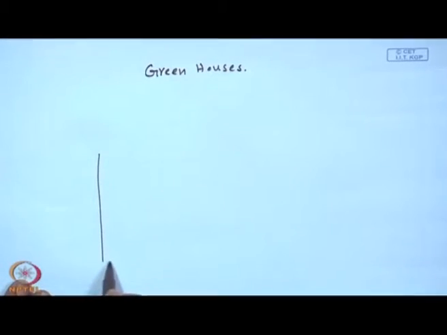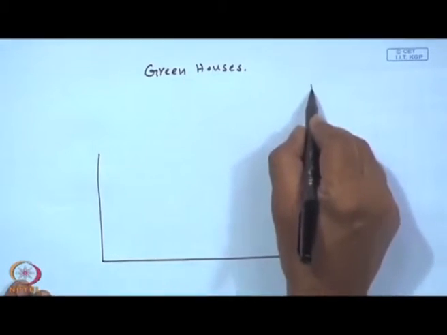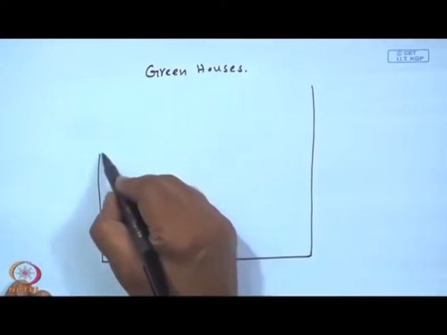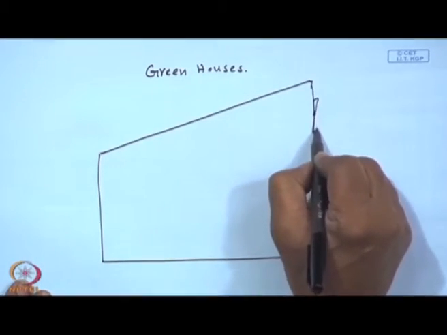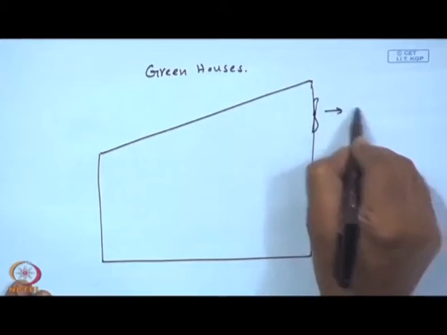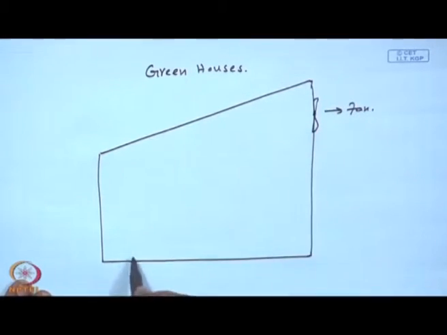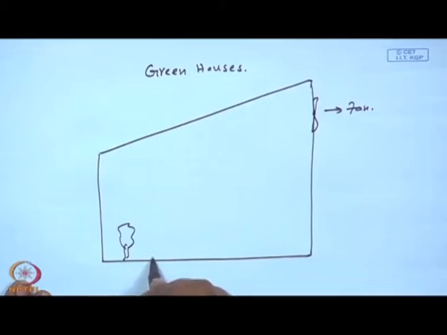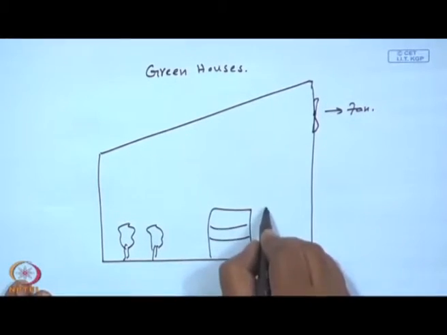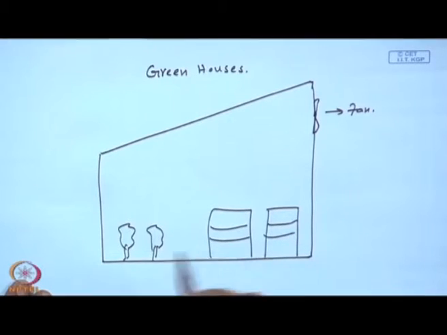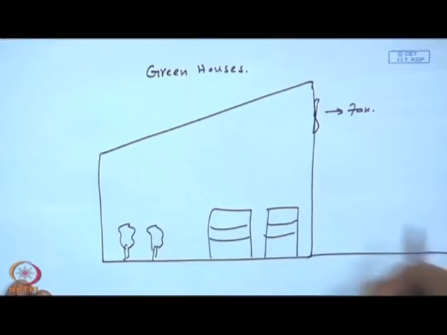A typical arrangement could be something like this, with certain slanted roof, and you may have an exhaust fan over here, and depending upon the purpose you need, you may have plants, and then maybe storage drums of water like this, and the whole thing may be attached to a house.